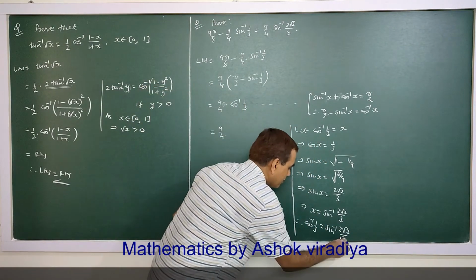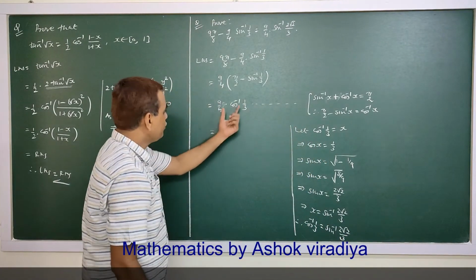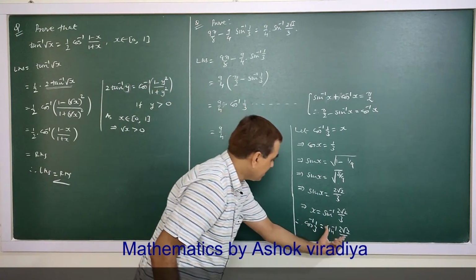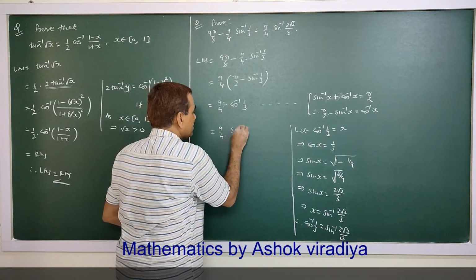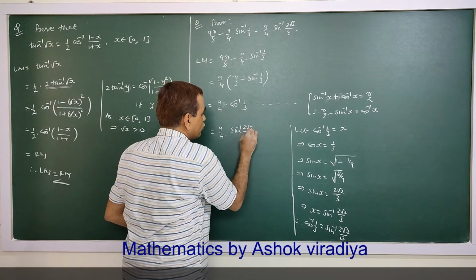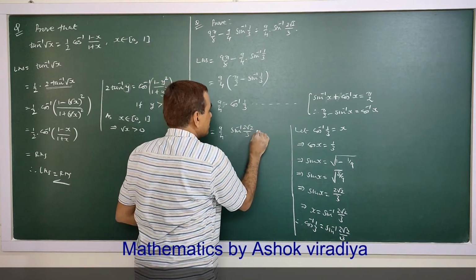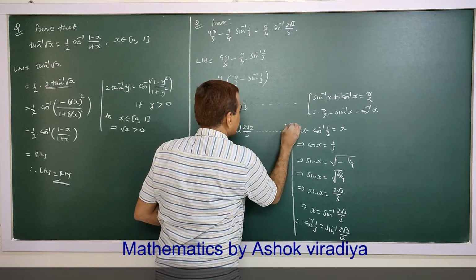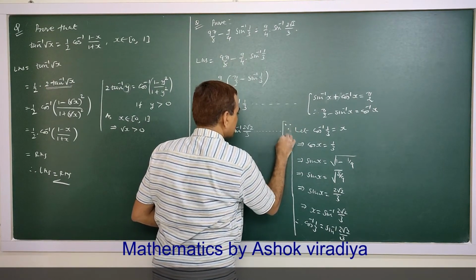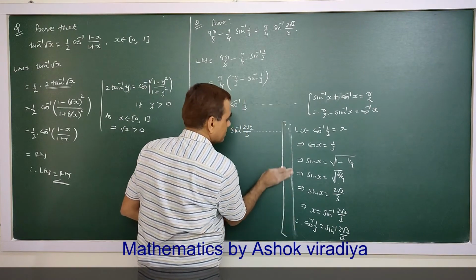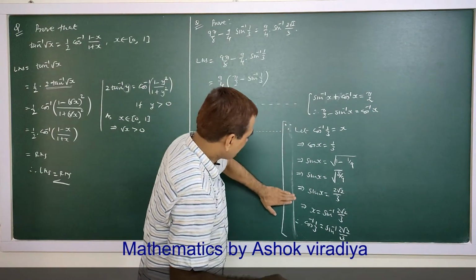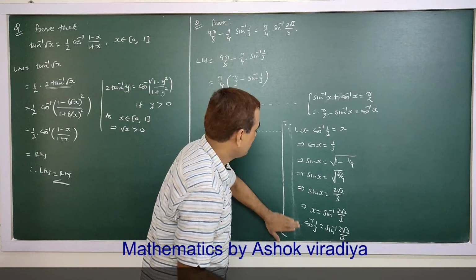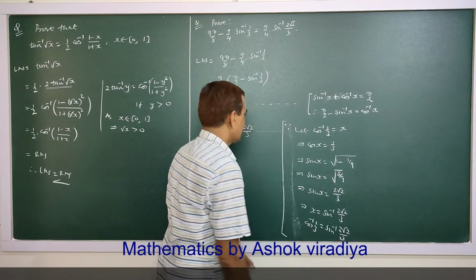So therefore the value of cos inverse 1 by 3 is sine inverse 2 root 2 by 3. Reason for this step is here. This is the reason. So this is the way to prove this type of questions.